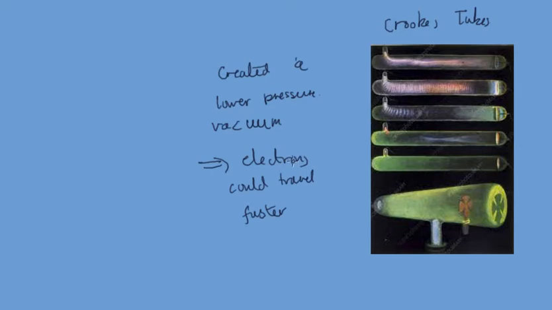Crookes refined this experiment, and he was able to get to a stage where there was a stream of electrons in this cathode. As he refined it, he managed to get this stream of electrons. So this is a cathode ray.